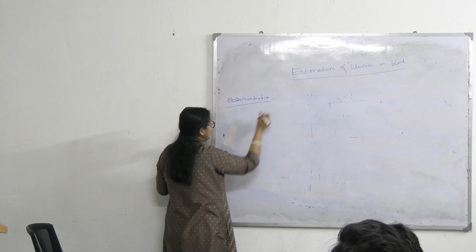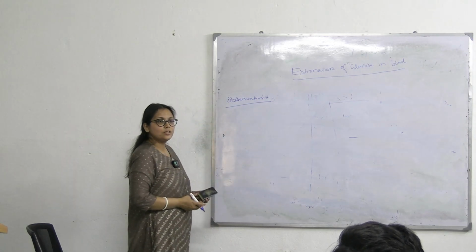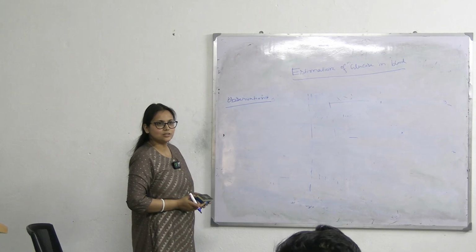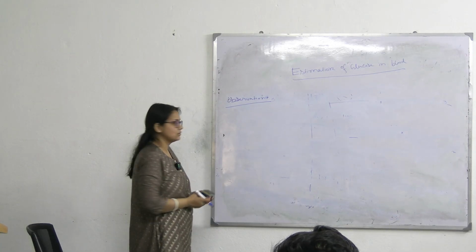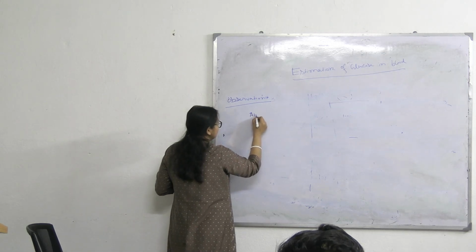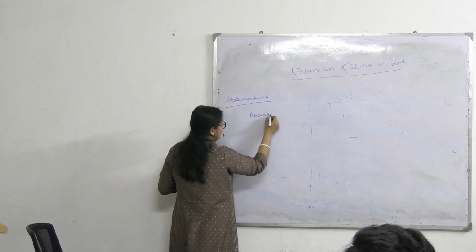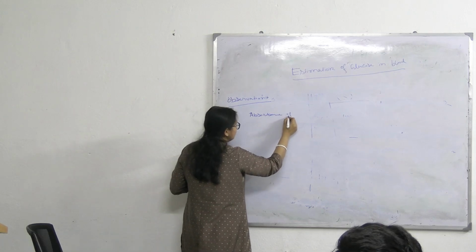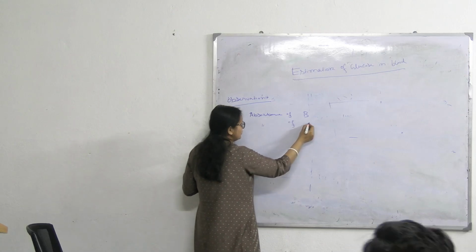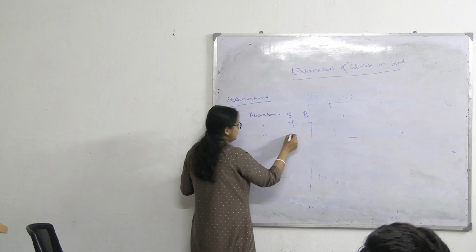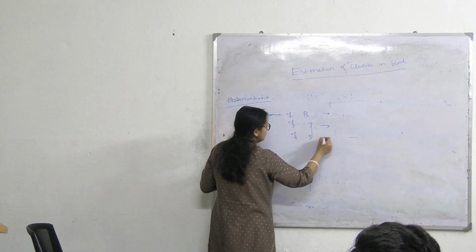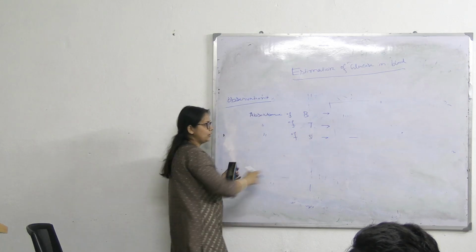In observation you have to write: absorbance of blank, absorbance of test, absorbance of standard. যা ভ্যালু পাবি এখানে লিখতে হবে, ঠিক আছে?